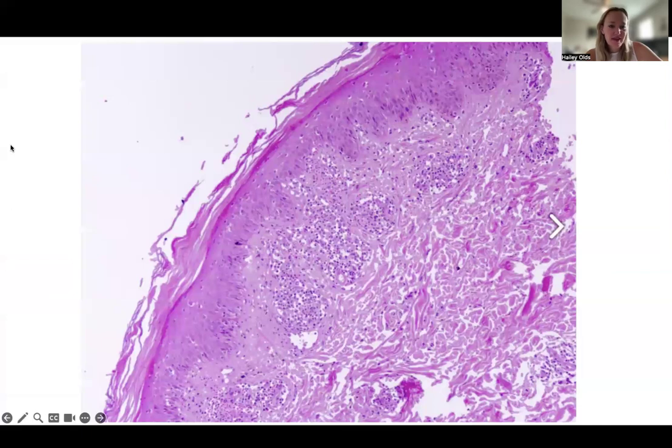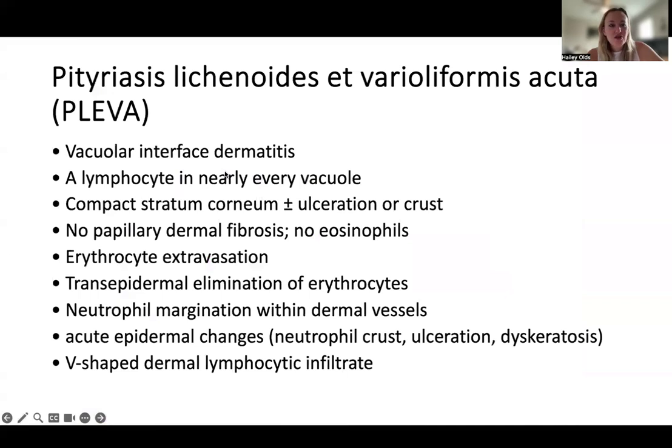Okay, next one. So again, we see some interface changes here with some red blood cell extravasation and maybe also a little spongiosis in the epidermis with some apoptotic keratinocytes. So this is PLEVA. You get a vacuolar interface dermatitis with a lymphocyte in nearly every vacuole, so a lot of inflammation there.